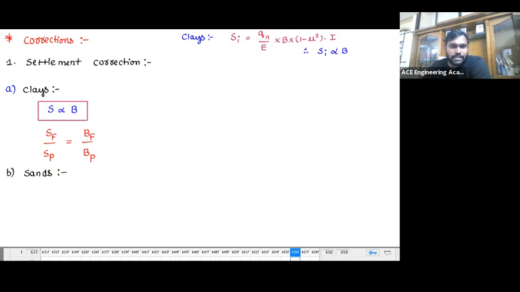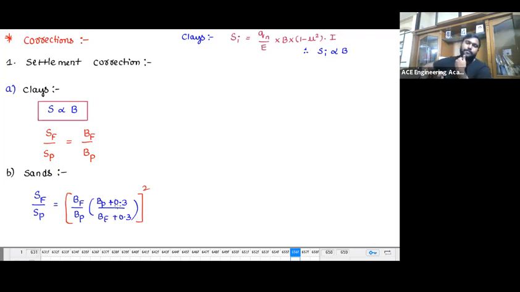In the case of sands, SF by SP is equal to BF by BP into (BP plus 0.3 by BF plus 0.3) whole square. So BF by BP into (BP plus 0.3 by BF plus 0.3) whole square.